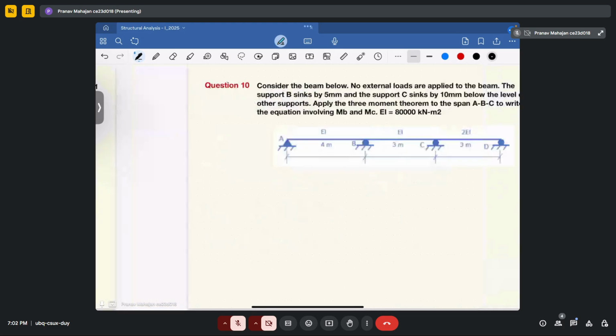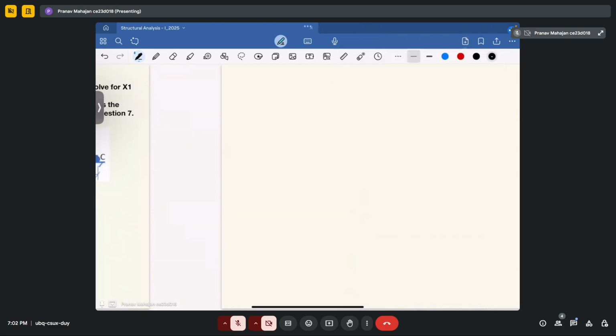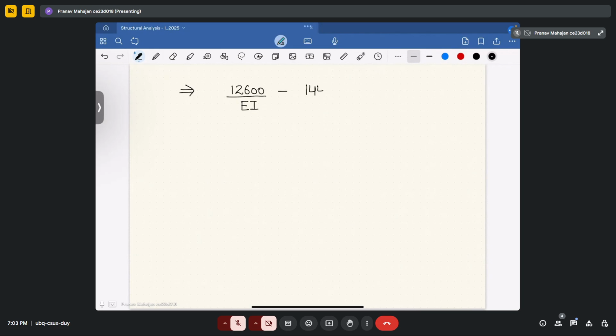Now, if you correspondingly substitute all the values that you have calculated, your DL1, you have calculated it as 12600 divided by EI, minus 144 upon EI into your H1, will be equal to 0.